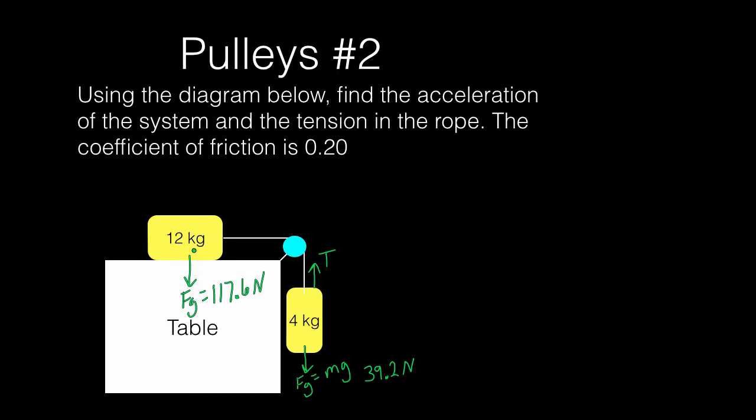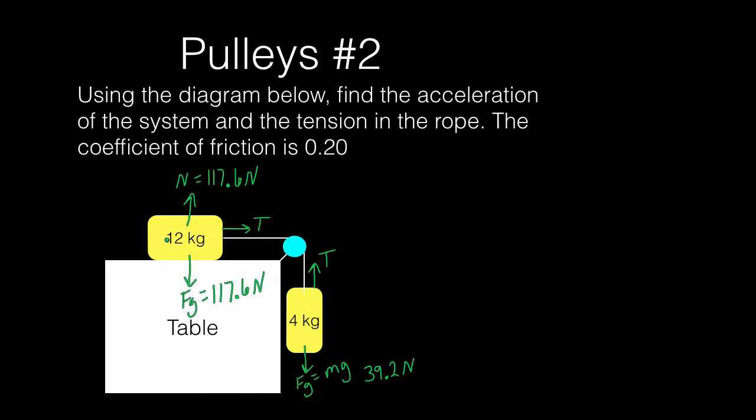It's not accelerating in this up and down direction, so we know that the force that's up, which is the normal force, if the object is not moving, the forces have to be balanced. So the normal force in this case will be equal to 117.6 newtons.